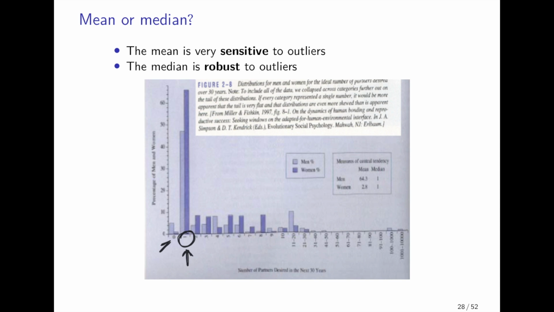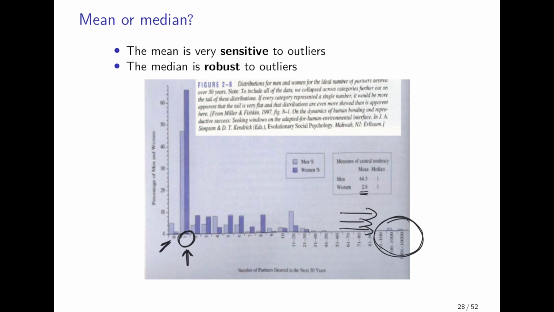It's the men that are making bad jokes and are saying, I want 10,000 partners. And therefore, it's the mean for the men that is skewed. The mean for the women is also skewed a little bit, but not by a lot. So here, what we see is that because of these high observations, the mean gets drawn towards those high observations.